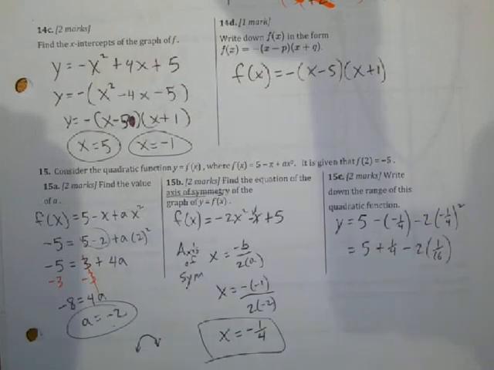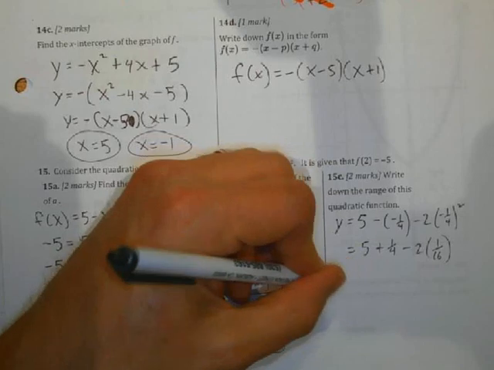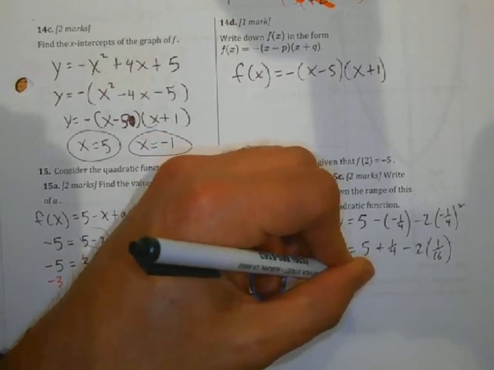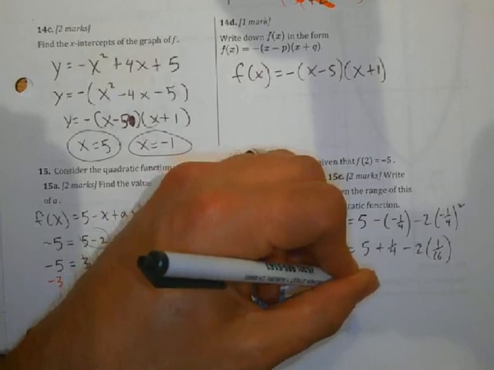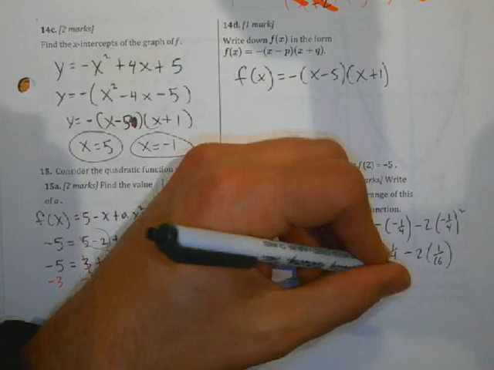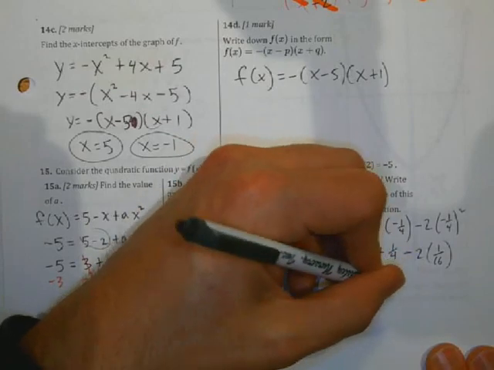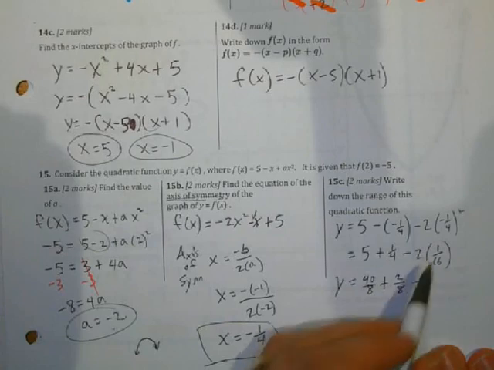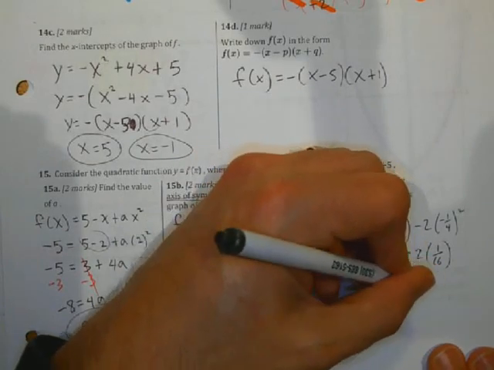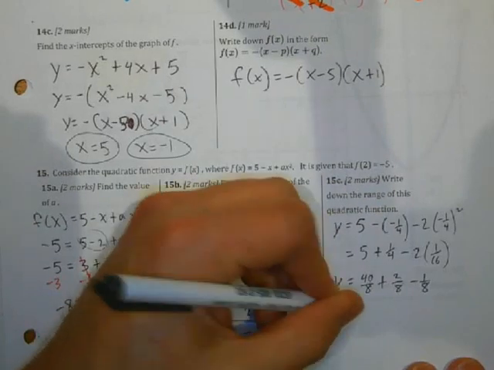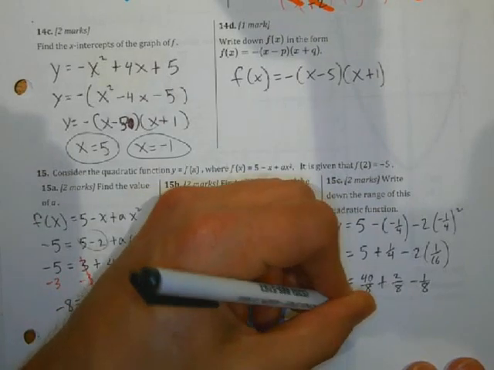Okay, now let's get a common denominator. So I get y equals 40 over 8 plus 2 over 8, and 2 times 1/16 gives me 1 over 8. So I get y equals 41 over 8.